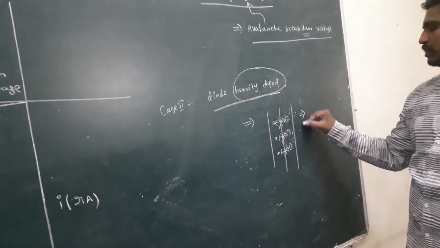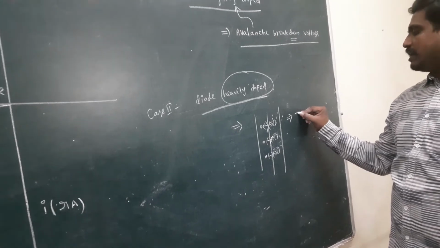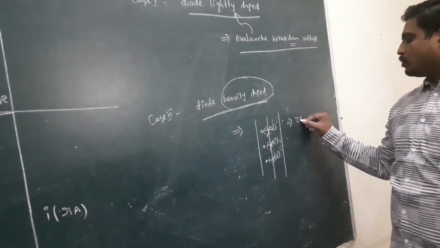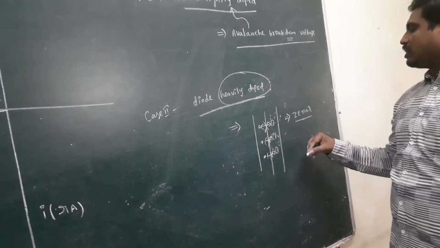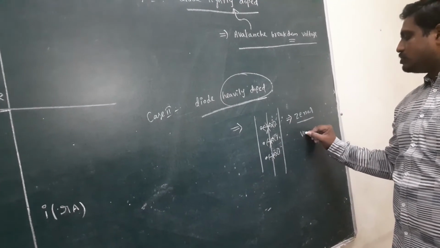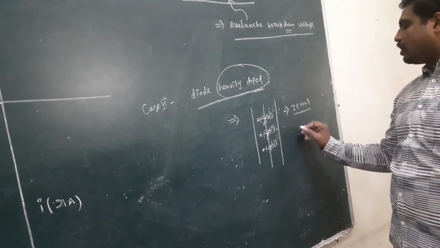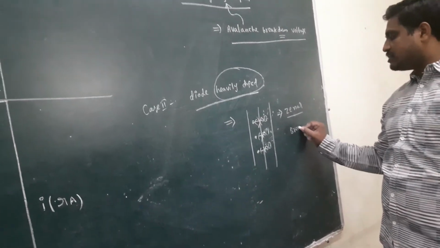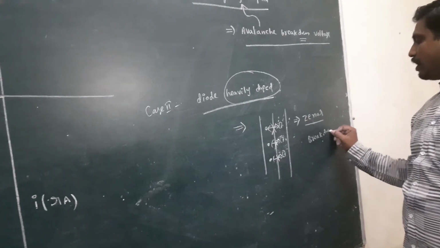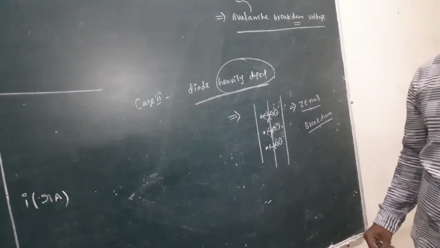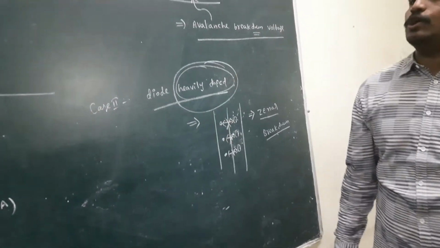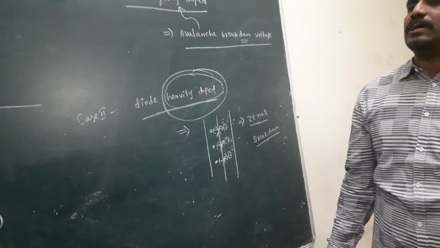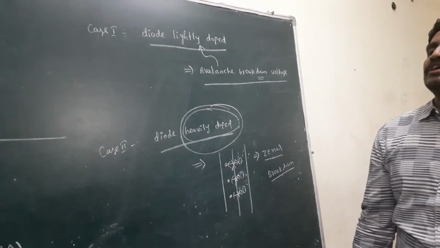That means the voltage at which current suddenly rises is called the Zener breakdown voltage. In this case, the diode is not damaged, because the diode is heavily doped, meaning more majority charge carriers and more minority charge carriers.